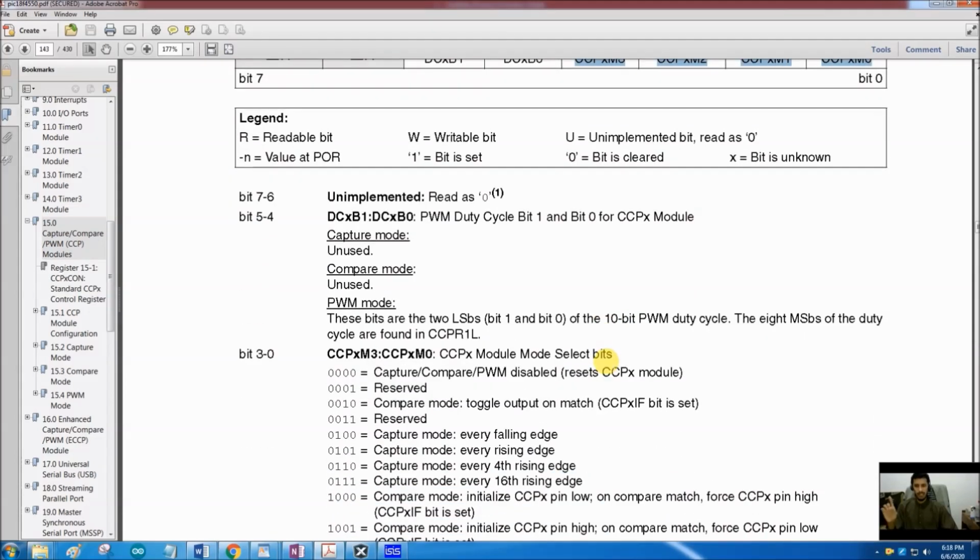We are going to use CCP1 in capture mode with every falling edge, so every falling edge will be captured. We are interested in this highlighted portion, so we will set the value of bits 0 to 3 to 0100. So let's do that.